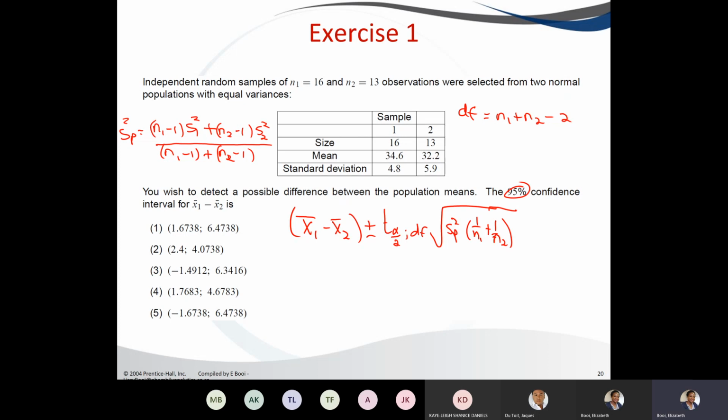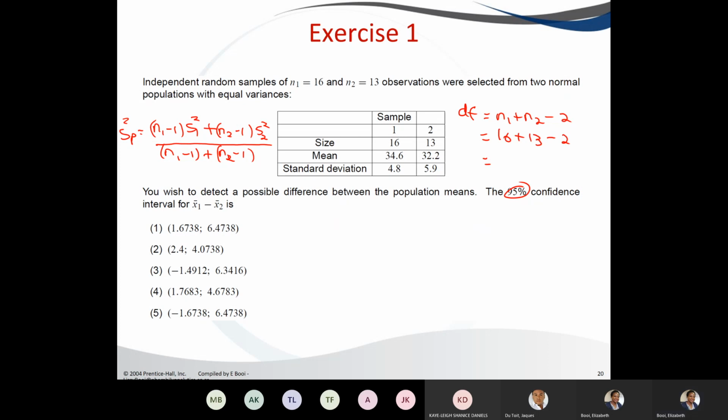If not, I am going to remove this and start step by step so that we can all follow. So I'll start first by doing the critical value, which is easy to find. Our degrees of freedom: our n is 16, plus our n for the second one is 13, minus 2. 16 plus 13 is 29, minus 2 is 27.